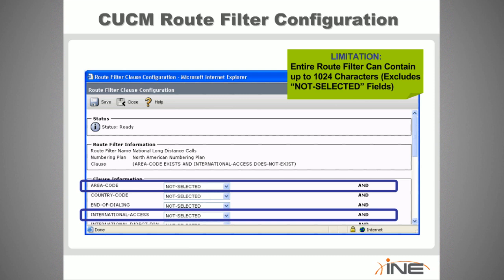In that case, what you have to do is put in as many as you can until it gives you the error that you can no longer fit any more characters, and then you have to create a second 9.@ pattern with your continuation of the route filters, and then put them in the same pattern and organize them, and we'll get into the idea of partition ordering in just a little bit. But it can get fairly messy.